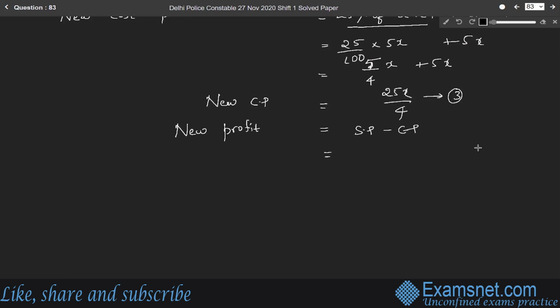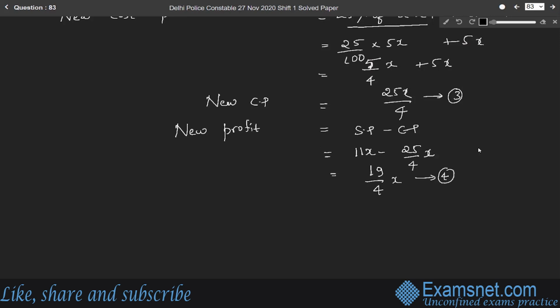Selling price is 11x minus cost price 25 by 4x, which is 44x minus 25x, that is 19 by 4x. New profit is 19 by 4x.